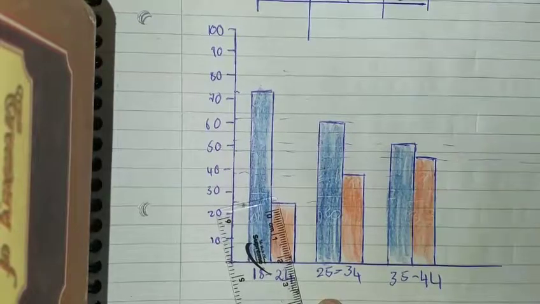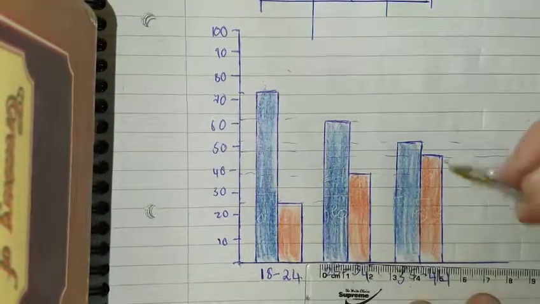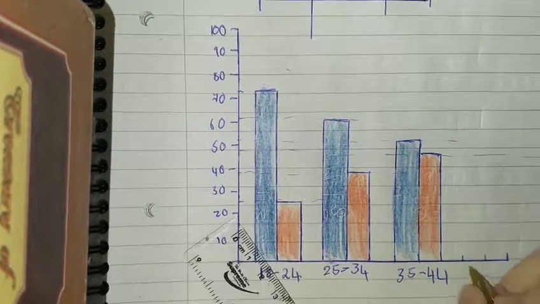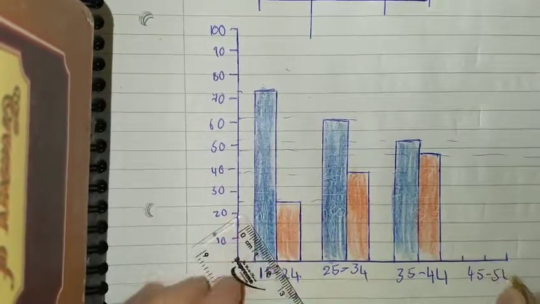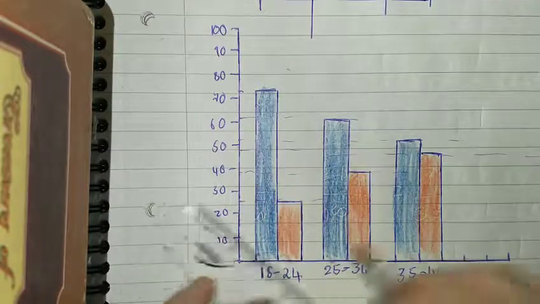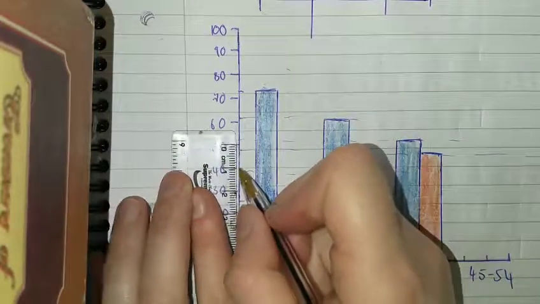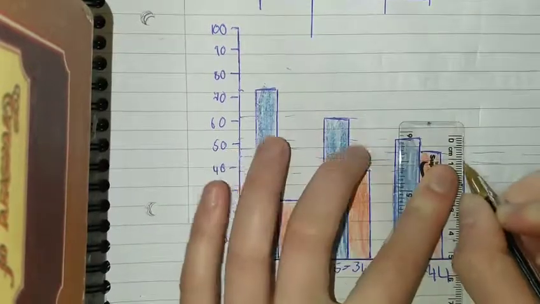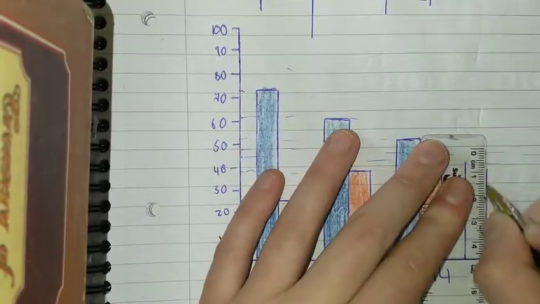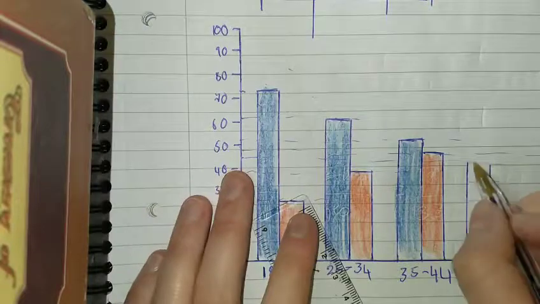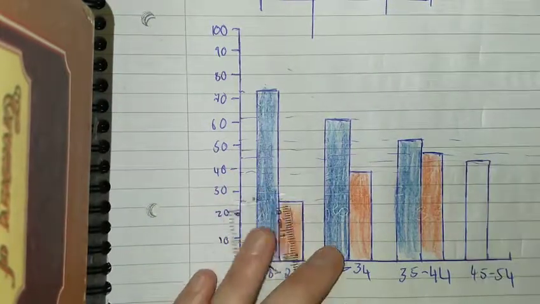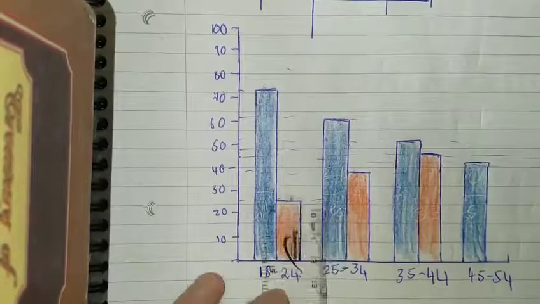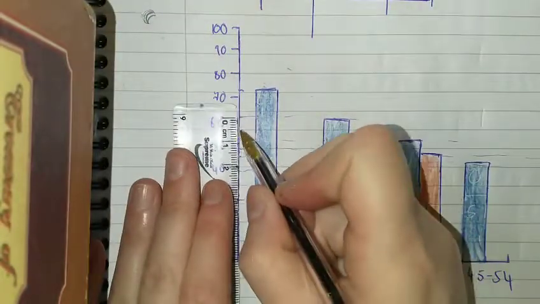So then we go on to our next age group. So it's 45 to 54. So the people that chose to remain is 44%. And then that chose to leave is 56%.